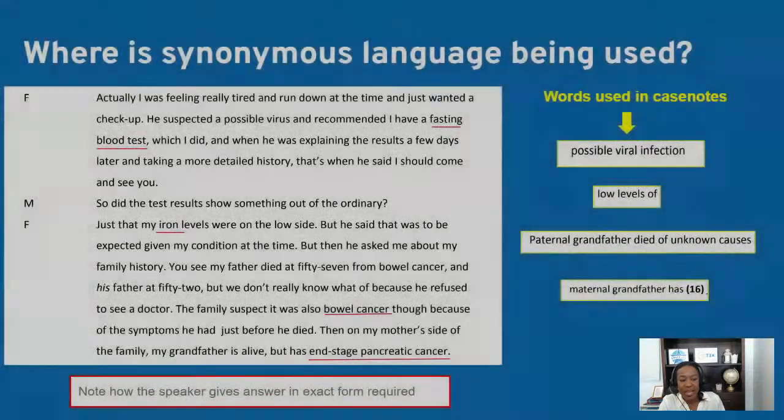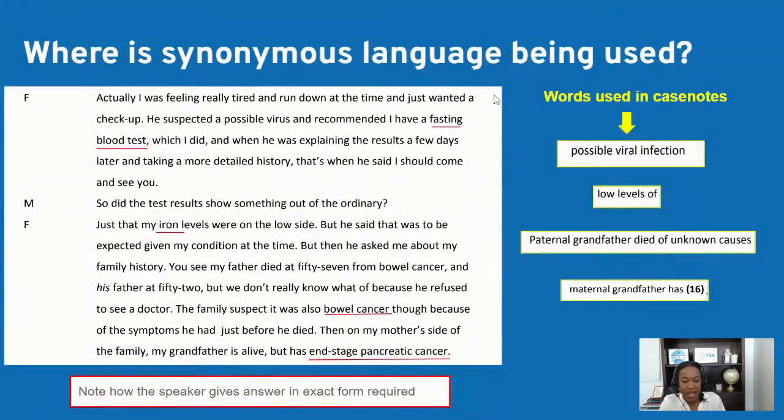Okay, so just to explain this point a little bit, in the case notes, we had words like possible viral infection, low levels of, paternal grandfather died of unknown causes, and maternal grandfather has. Okay, so these are the words you heard in the case notes, but actually you don't hear these exact words in the audio.